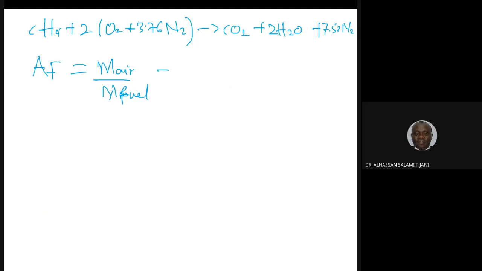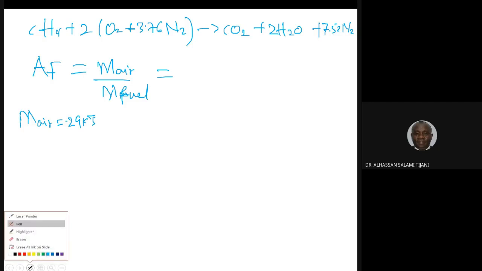So for the air, I've told you the molecular mass of air equals 29 kilogram per kilomole.